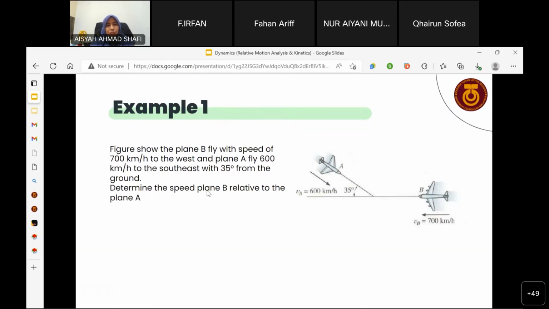Determine the speed of plane B relative to plane A, so get the VBA. Please try this example first.